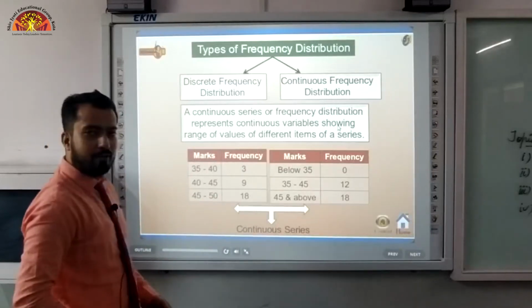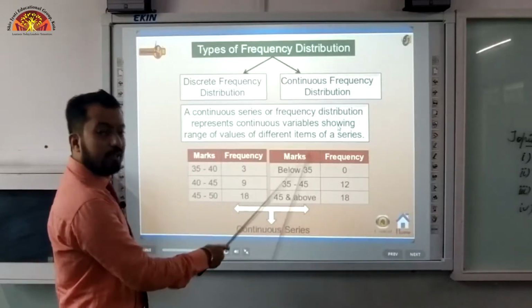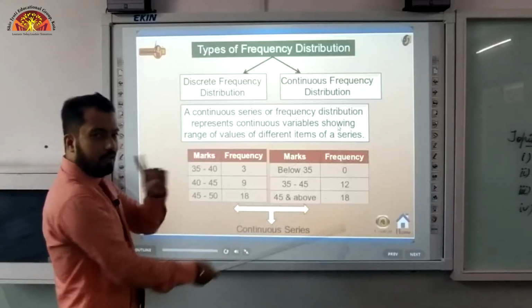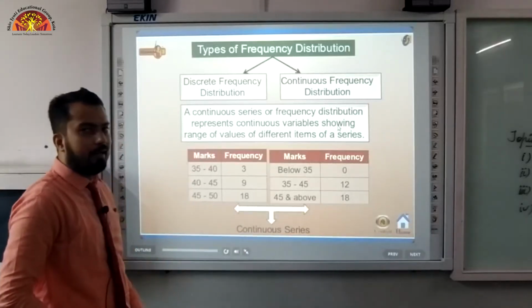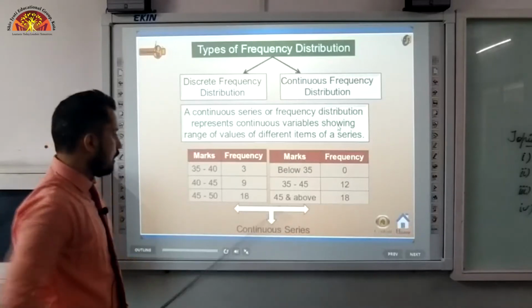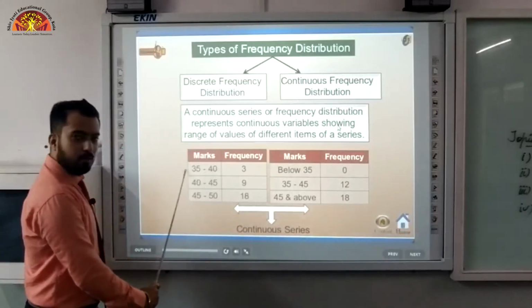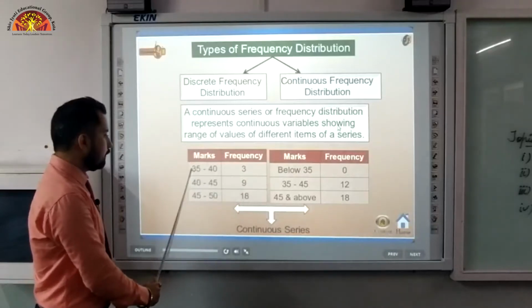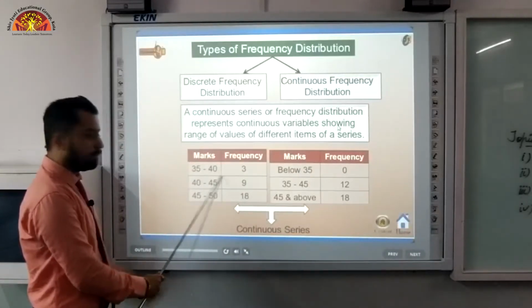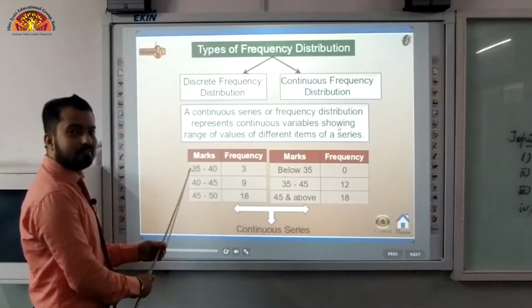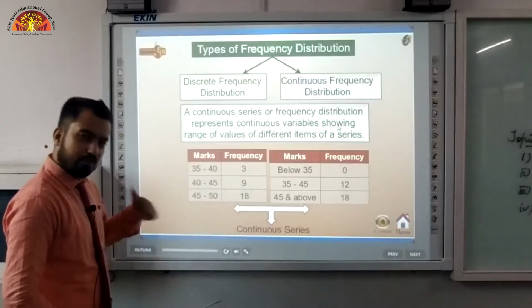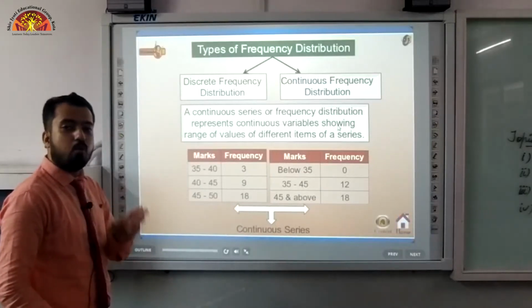Here also you will find two things. The one will be classes that may be open-ended and the next is frequency. Here I have used the term open-ended. What does this mean? Now see, these marks you have, 35 to 40. Two values are here: the one is 35 and another is 40. So this 35 is known as the lower limit of the class, which is indicated by L1.